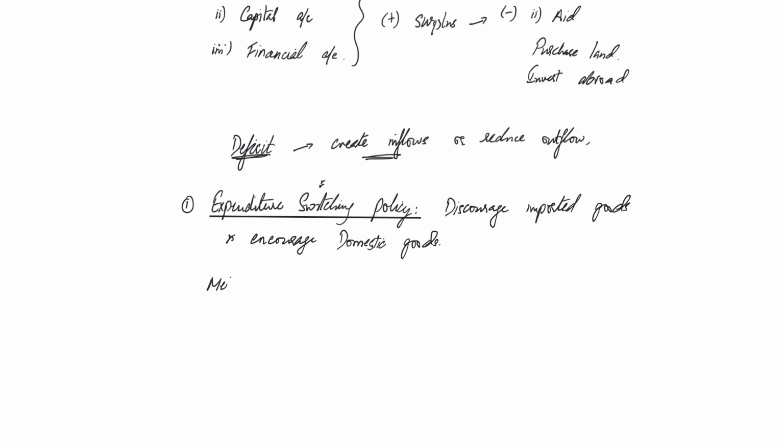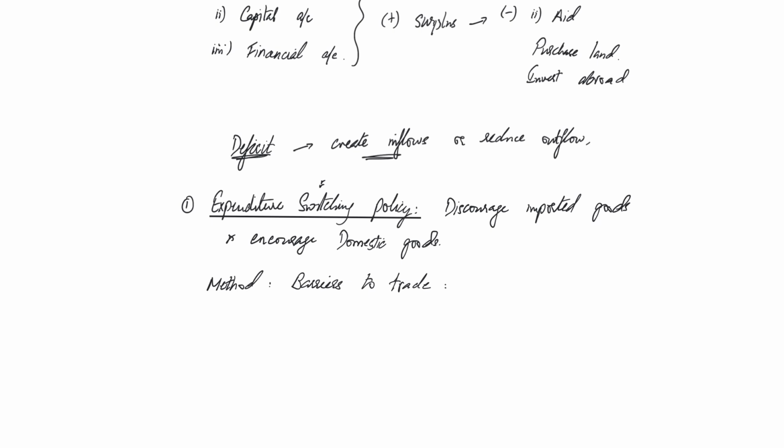How do you do it? What's the method for it? Well, we say bada simple hai. You use the barriers to trade. Now, इसको बहुत full discussion we will be doing in international trade, barriers to trade, so you can look into that.